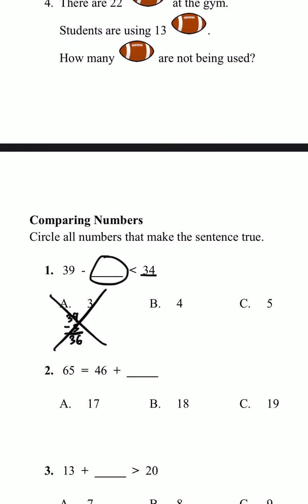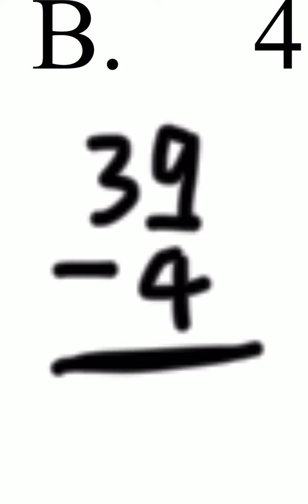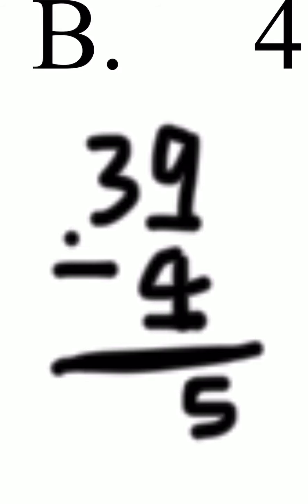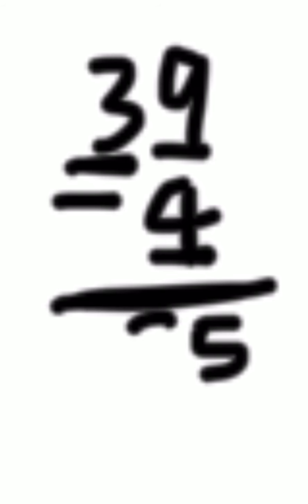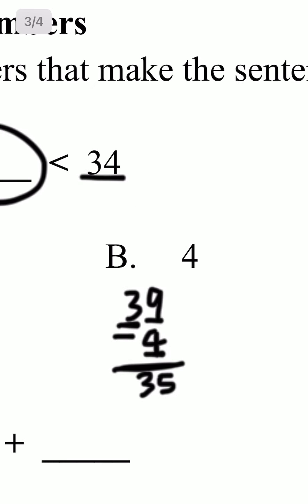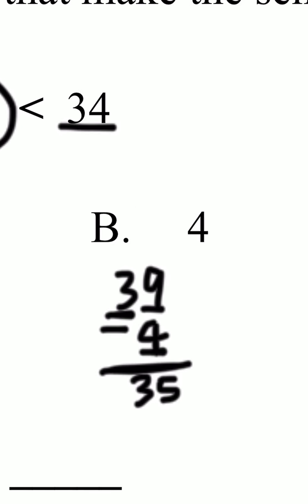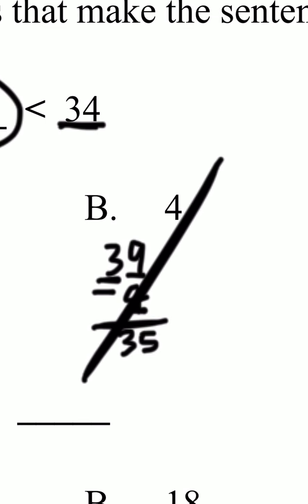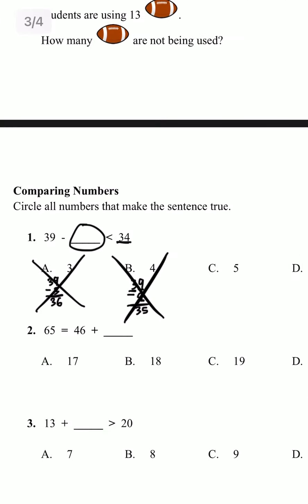Let's look at B. 39 minus 4. 9 minus 4 is 5, and 3 minus 0 is 3. However, 35 is also not less than 34, so B is also not the answer.